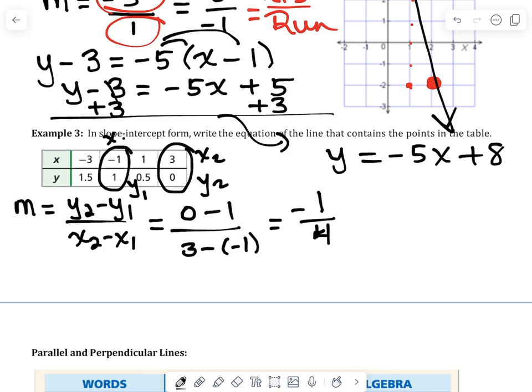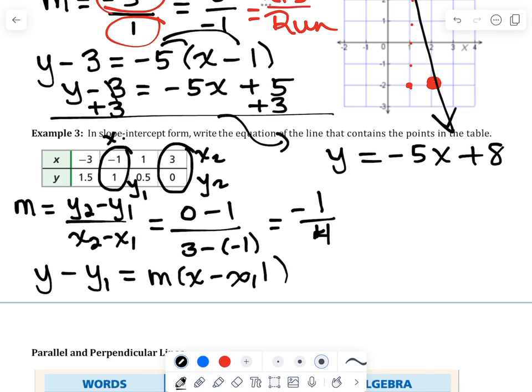Now you get to choose either one of those points to substitute into the point-slope formula. So here's that point-slope formula again: y minus y sub 1 equals m times x minus x sub 1. I'm just going to choose this first point and substitute it in.